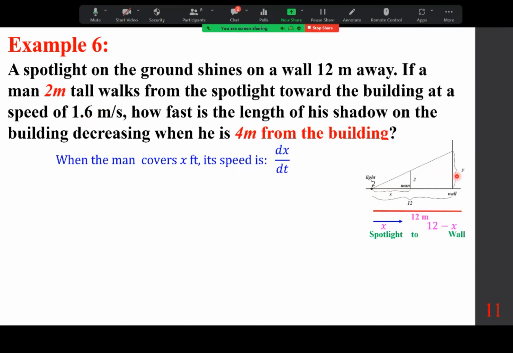We are interested in dy dt, the rate of change of y, at the precise moment when this distance, 12 minus x, is 4 meters. We want to make sure we understand why this is not x. This is 12 minus x, because it says how fast is the length of his shadow decreasing when he is 4 meters from the building. If we let this be x, this distance is 12 minus x.